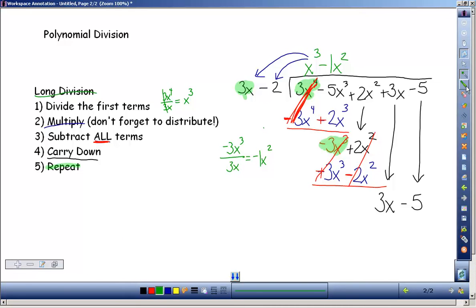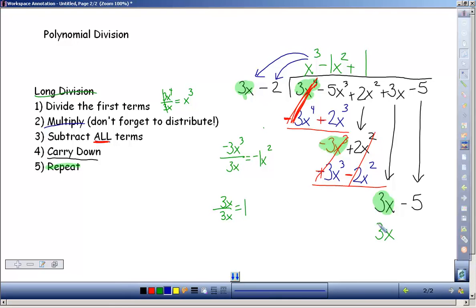So we're going to just keep on trucking. Next up is divide the first terms. So here's my first term. 3x divided by 3x. That one I think I can even do in my head. 3x divided by 3x is just 1. So it's going to be positive 1.